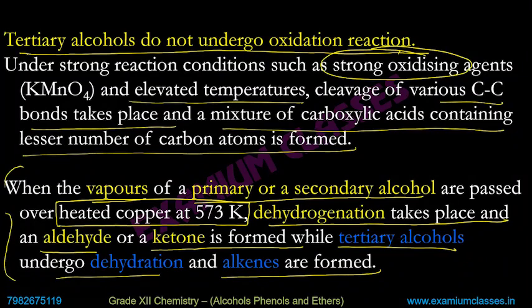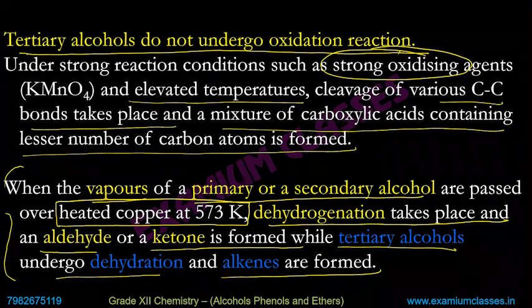So remember what I am talking about. When vapors of primary and secondary alcohols are passed over heated copper at 573 K, water molecule is removed and you will get aldehyde and ketone. While tertiary alcohols will give you alkenes, dehydration.